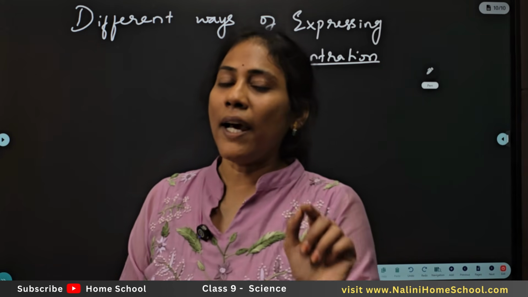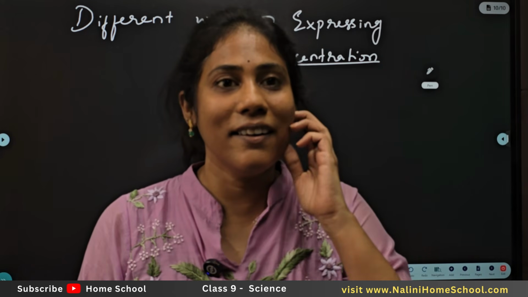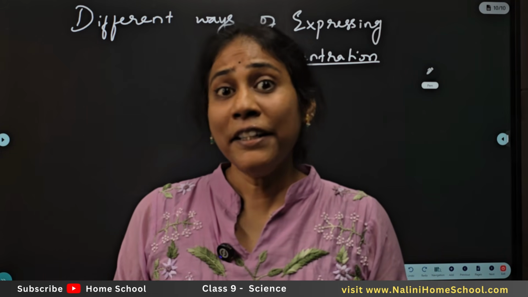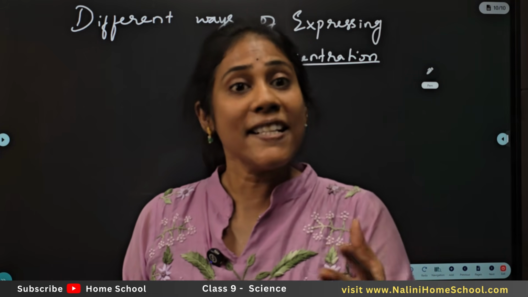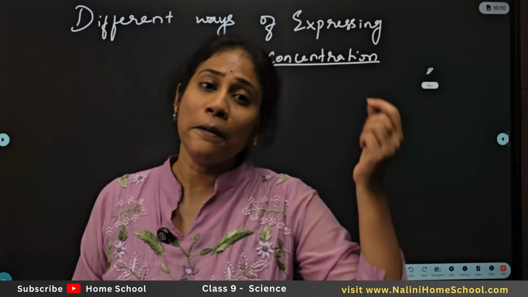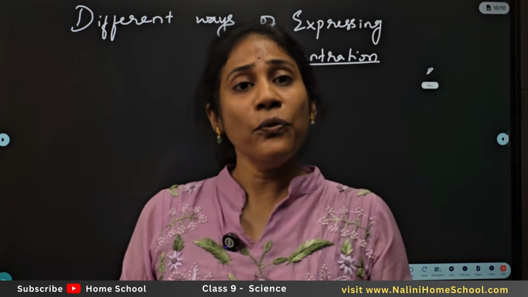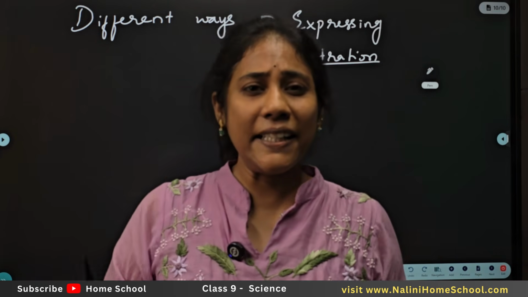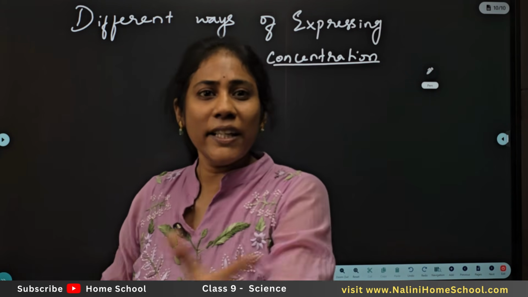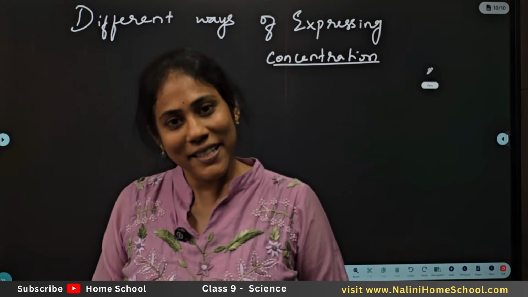I'll give you one interesting and funny example here. Suppose you got angry, and you will express your anger in different ways, isn't it? You might express your anger by shouting at someone, or by sitting and crying, or by throwing the stuff which is around you, isn't it?